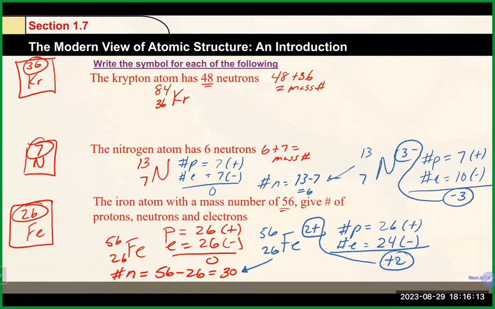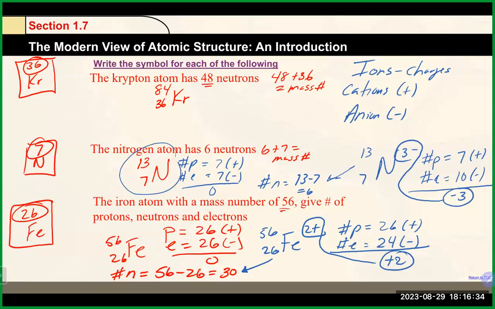So these are two things that have charges, and things that have charges are referred to as ions, right? These are things with charges. And there are two types. There are cations, which have positive charges. There are anions, which have negative charges. We can see the difference when we compare the neutral nitrogen and the nitrogen with a -3 charge.